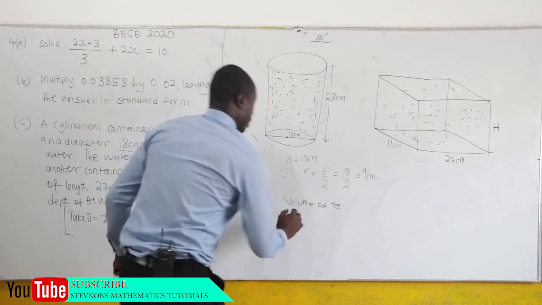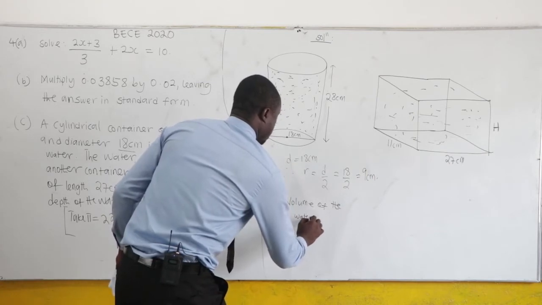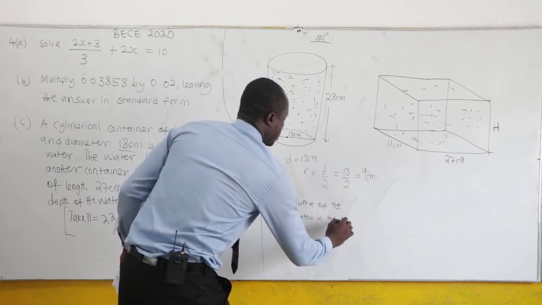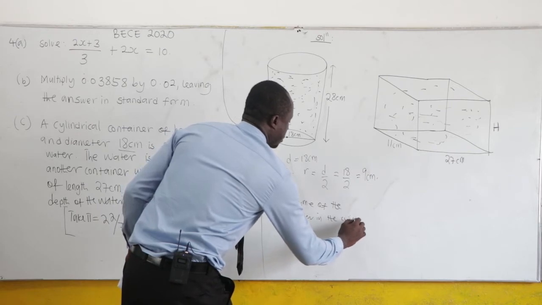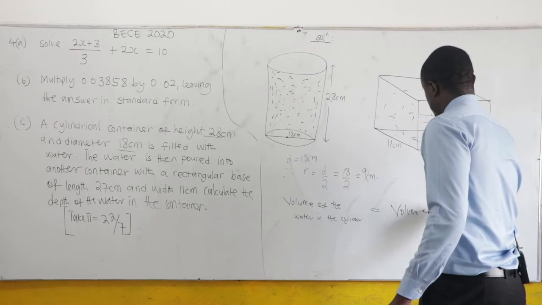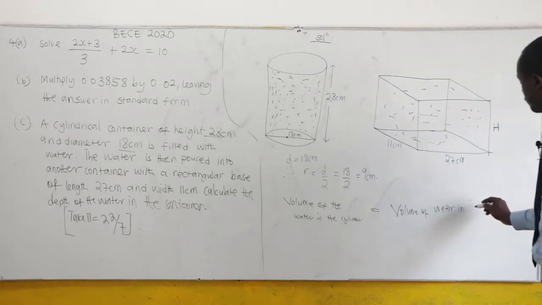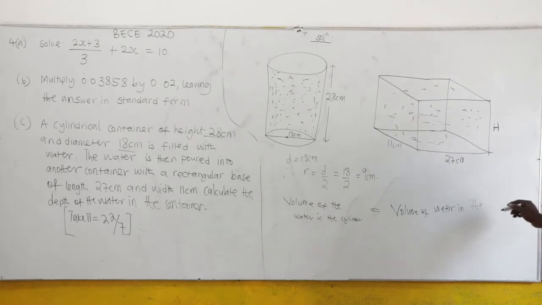Now, because the water in this is poured into this, it means that the volume of the water in the cylinder is equal to the volume of water in the container with a rectangular base.